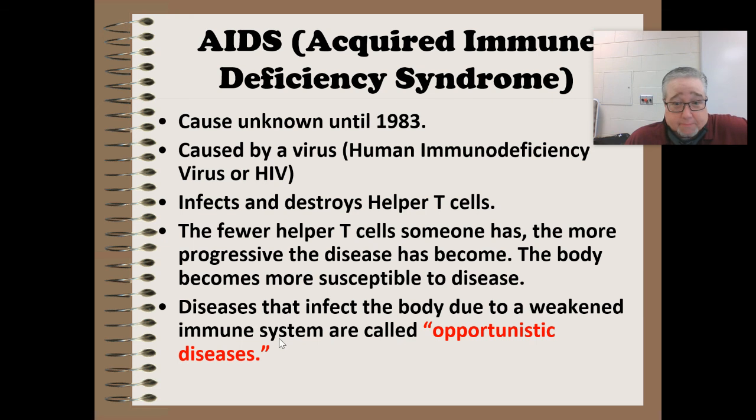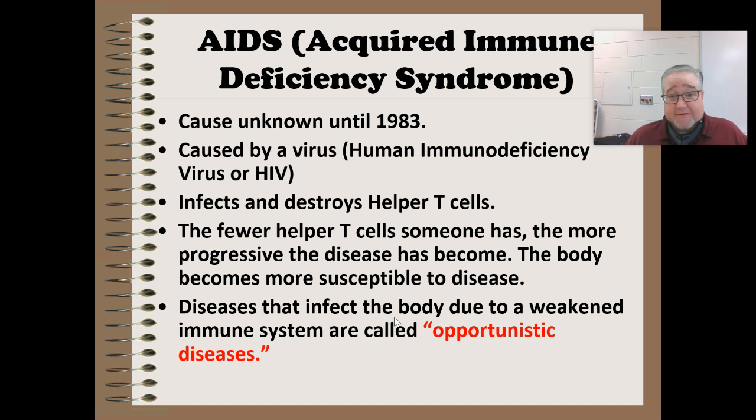So diseases that normally your body can fight off, for example, things like a common cold, the flu, pneumonia, those types of diseases. If your body's immune system isn't working, then those types of diseases are going to take over. All right, those are called opportunistic diseases.